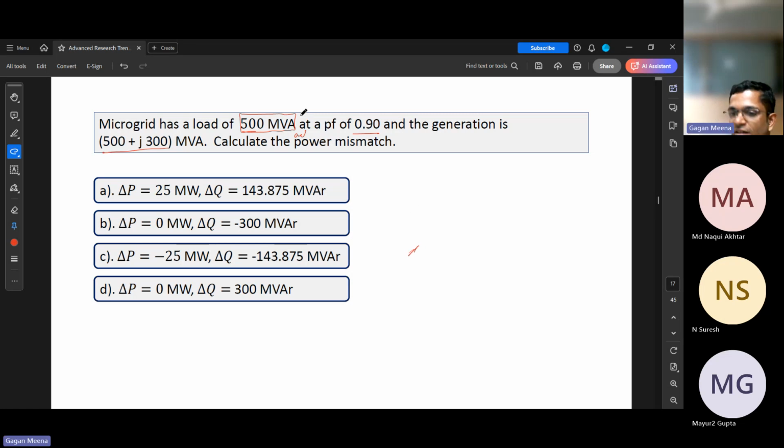It's easy. This load is given in MVA. You convert it into P plus jQ form. It will be how much?